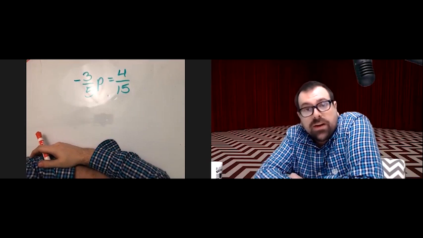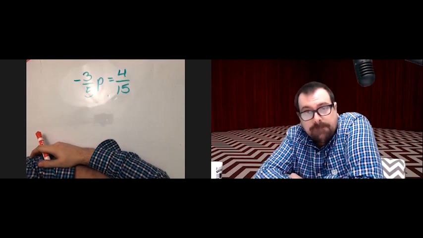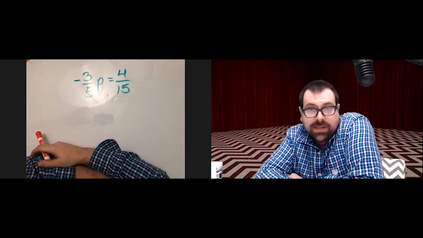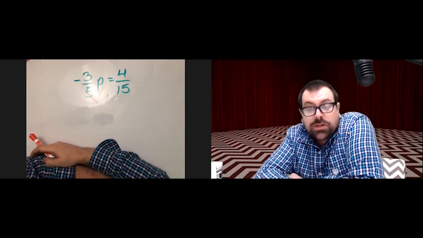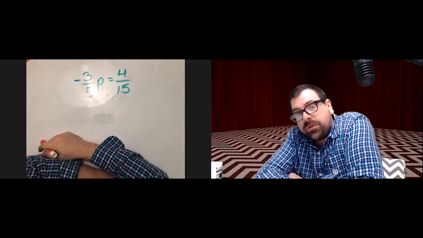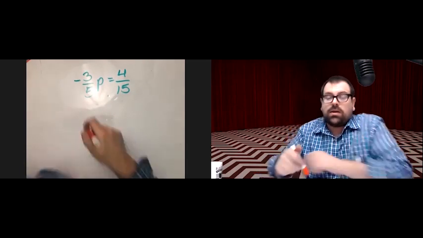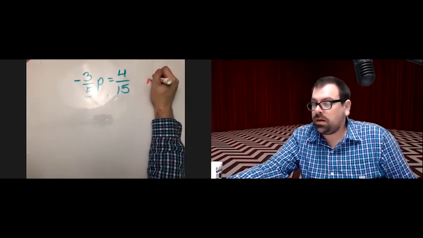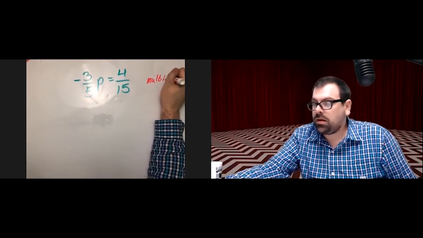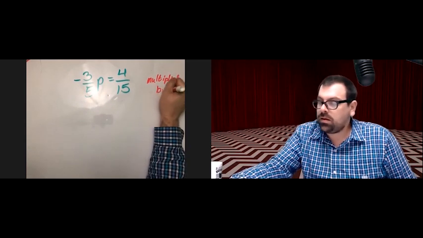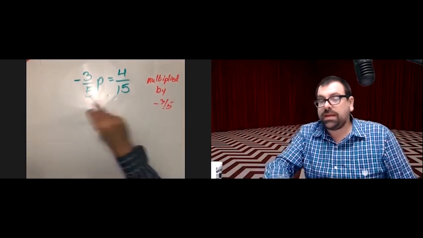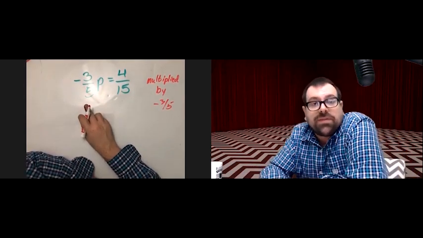You want to get the variable by itself. What is currently happening to the variable? Do the opposite. So hopefully the answer you gave to what is happening to the variable is it's being multiplied by -3/5.